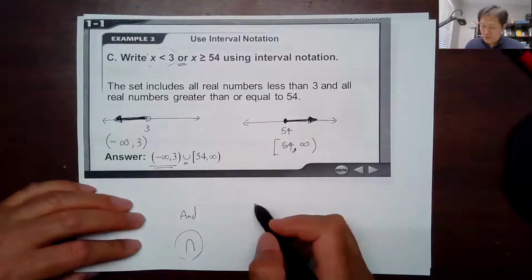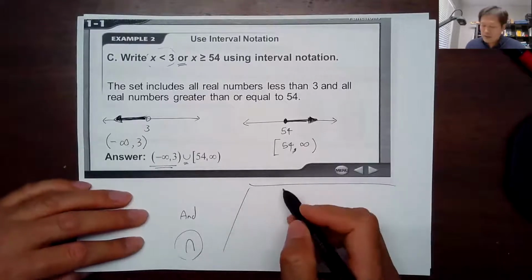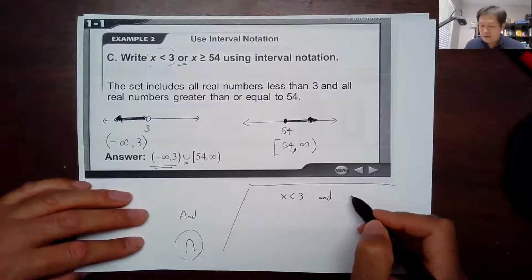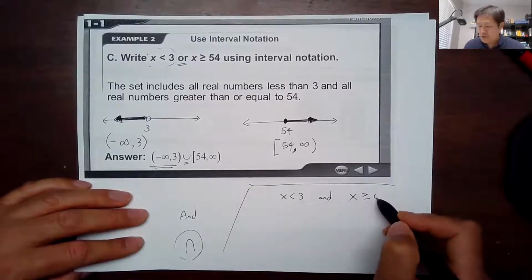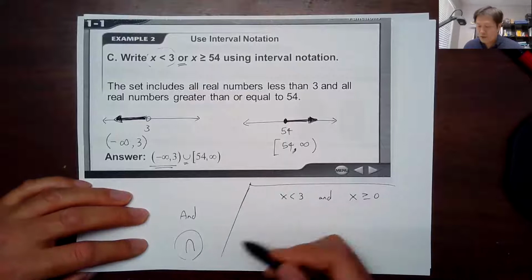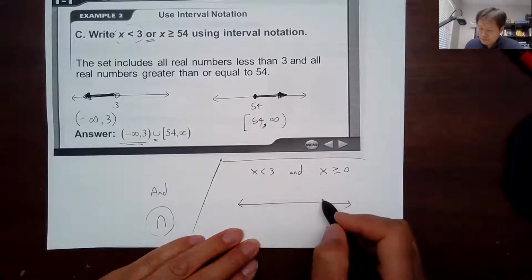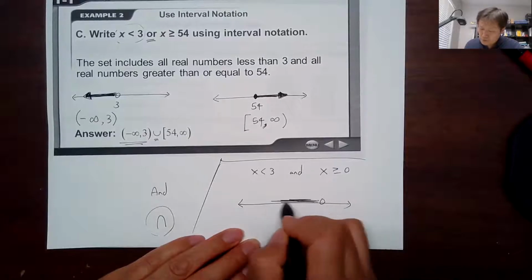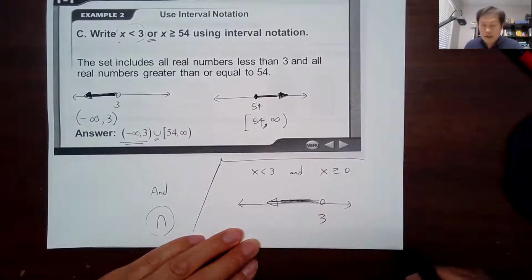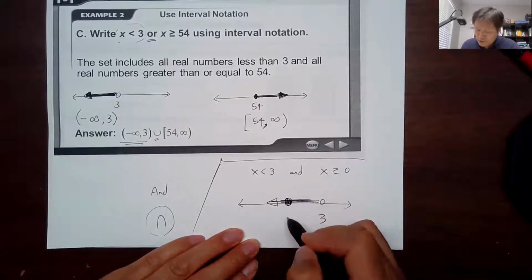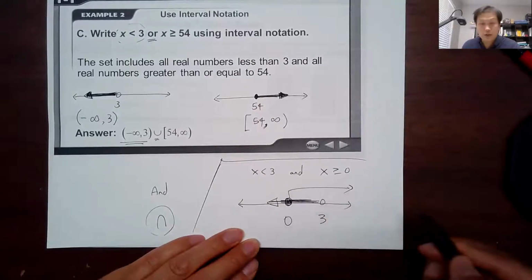So for example, if I say x is less than 3 and x is greater than or equal to 0, this is a separate question, by the way. So you can say x is less than 3 and x is greater than or equal to 0. So 0 is somewhere over here. It's going this way.